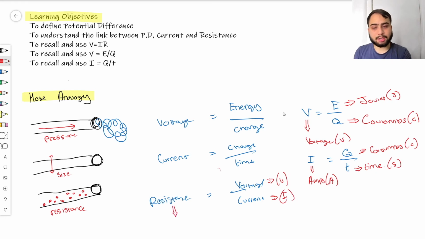It's given the Greek letter omega, and it has the units ohms. So this is something new that you need to remember: resistance has the Greek symbol omega as its unit symbol, and ohms as its unit. Okay, so now you understand the three main parts of an electric circuit: voltage, current, and resistance.